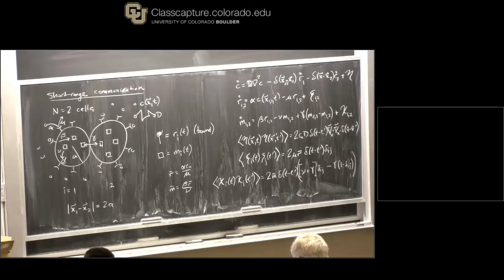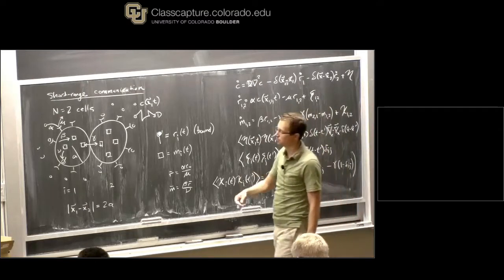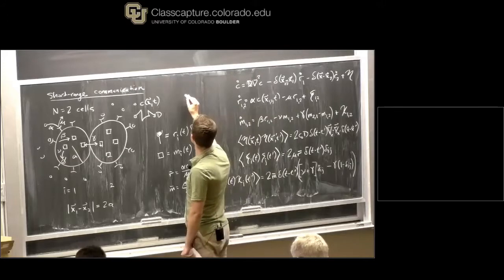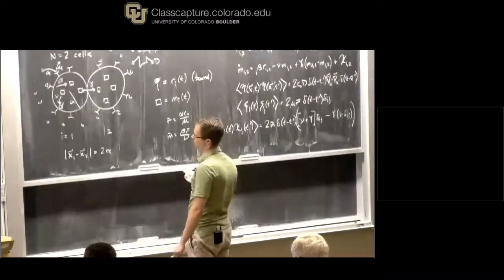Okay. So, like I said, I'm going to spare you the details, but we go to Fourier space, we find the power spectrum in particular of M, and the thing we want, let me go to the next board.